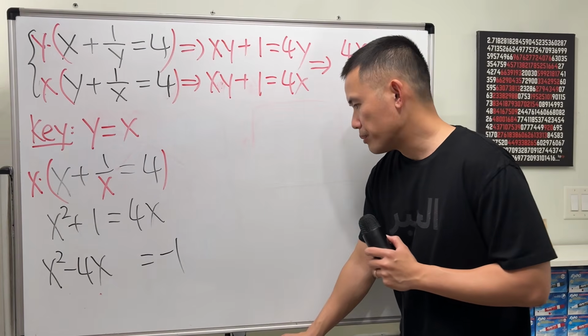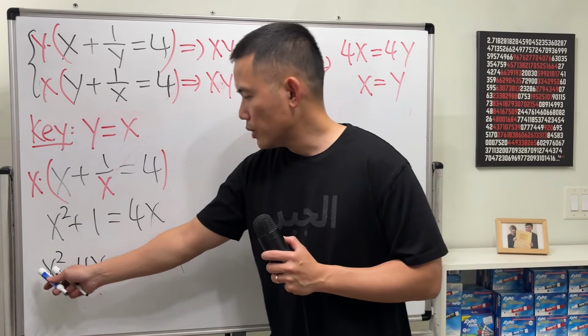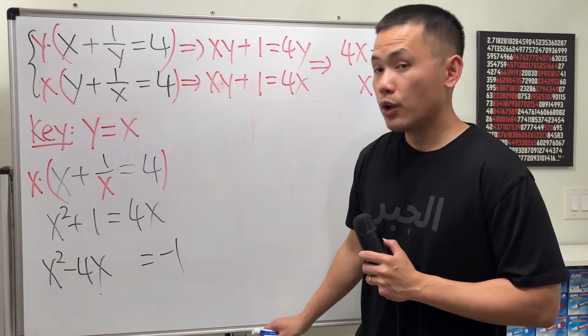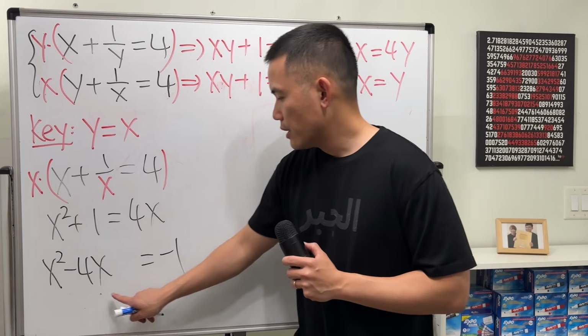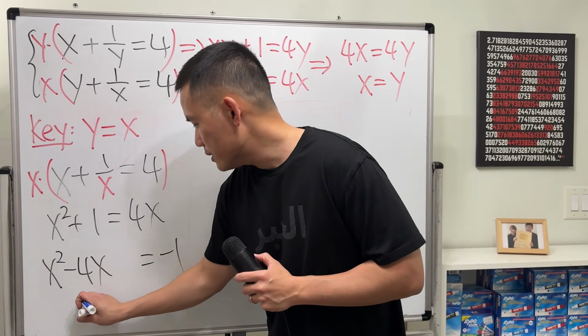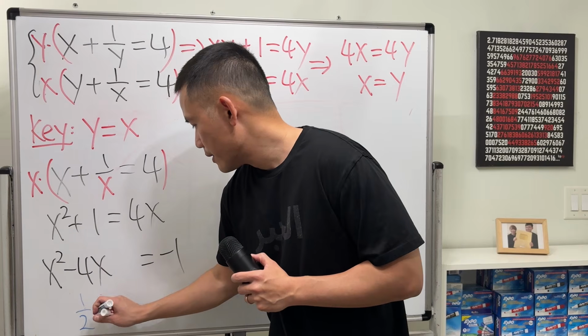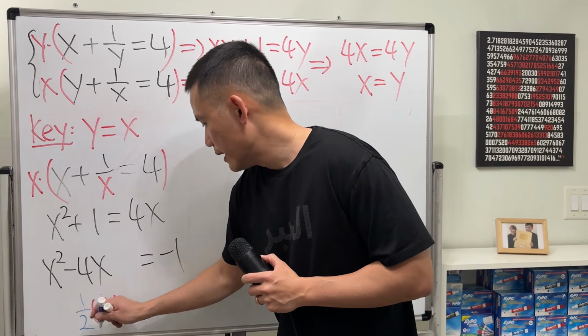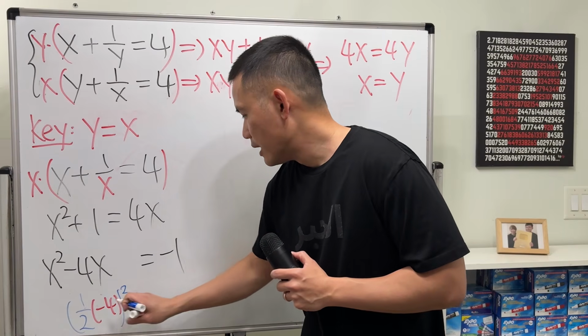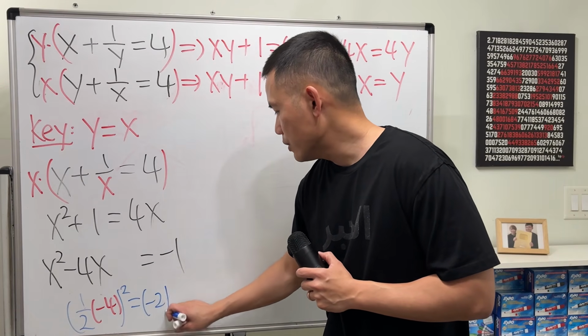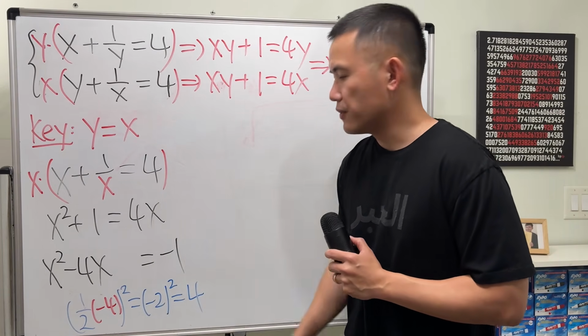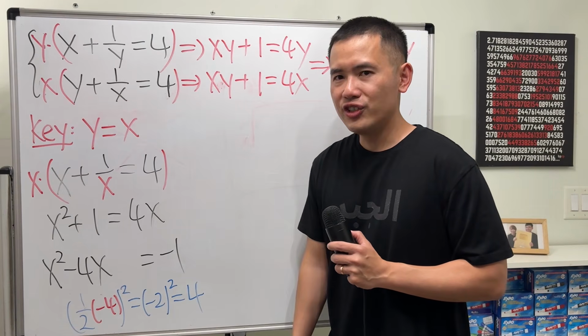Now, how do we complete the square? First, we make sure we have a 1 in front of the x squared, which we do. Then, we take half of this coefficient, and then square that. Half of negative 4 is negative 2. Squaring that, we get positive 4. This is the magic number.